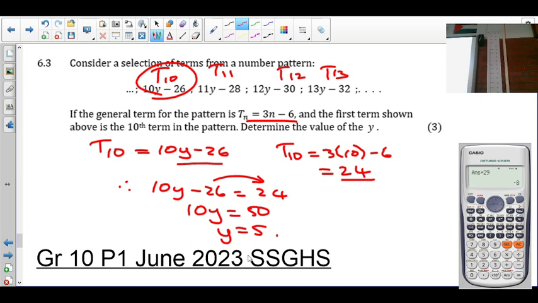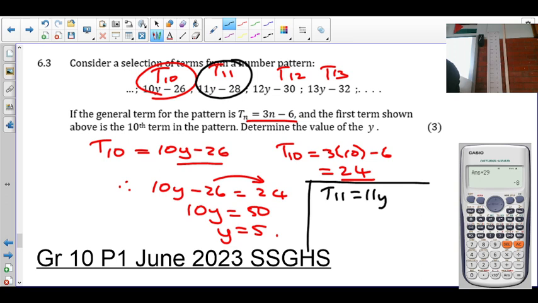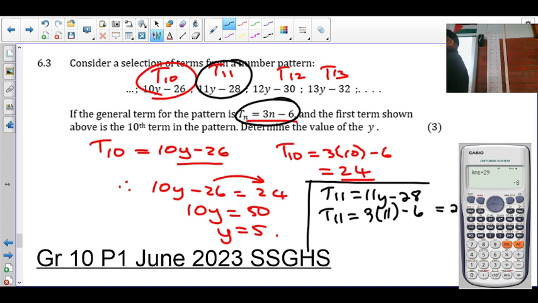Otherwise, you could have gone with T11. If T11 is equal to 11y minus 28, then T11 is also 3 times 11, which is 33 minus 6, which is 27. So 11y minus 28 is equal to 27, so 11y is equal to 27 plus 28, which is 55.